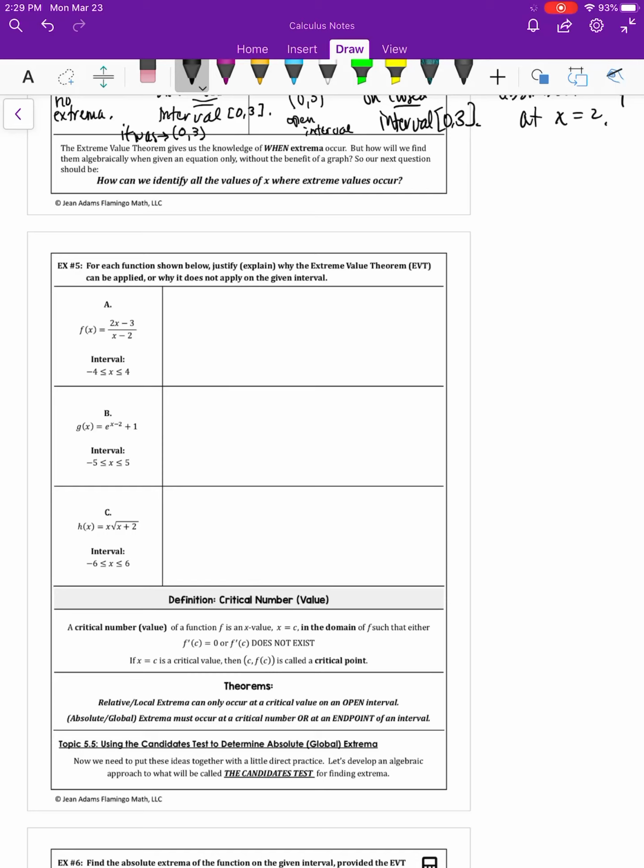So if I look at this f of x, right away I think that there is a vertical asymptote at x equals 2, and that is a discontinuity, okay? And I think, well, if my closed interval has 2 in it, then I know I can't use the extreme value theorem. So my closed interval is -4 to 4, so 2 lies in between those two values.